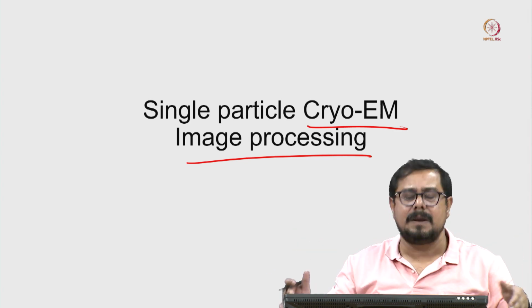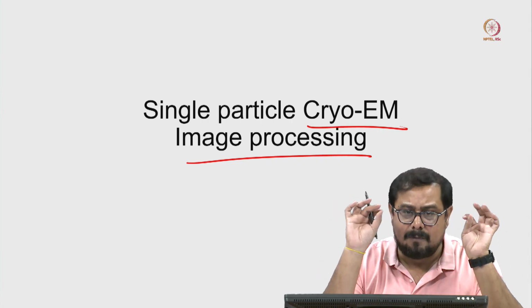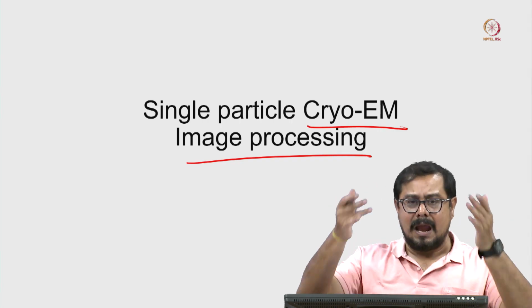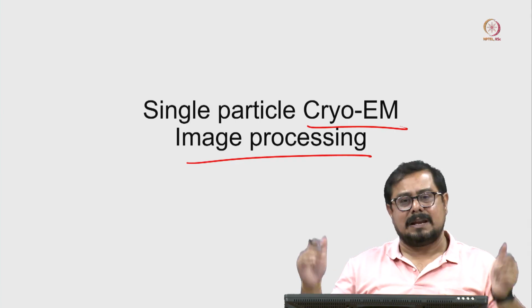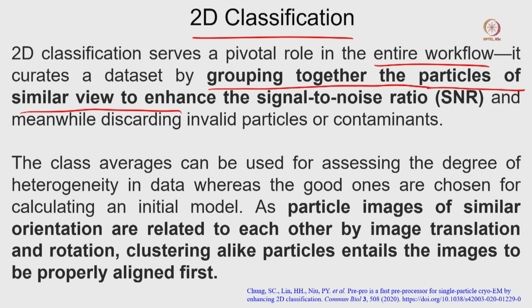When you do the CTF, we will calculate only 2 parameters, the defocus value and the Cs value. When we have that, we go to the next step, which is 2D classification. 2D classification is the most important part of this workflow, and it is one of the first steps where the data set is grouped together with particles of similar view to enhance the signal to noise ratio.